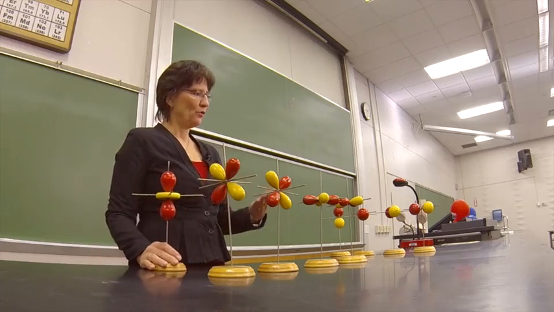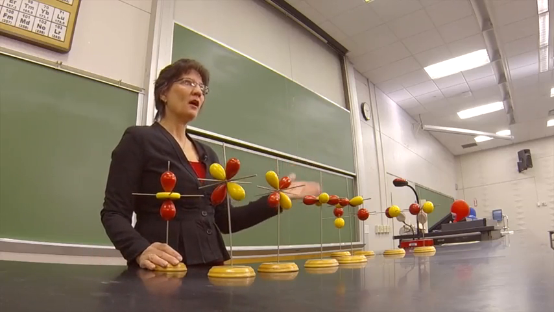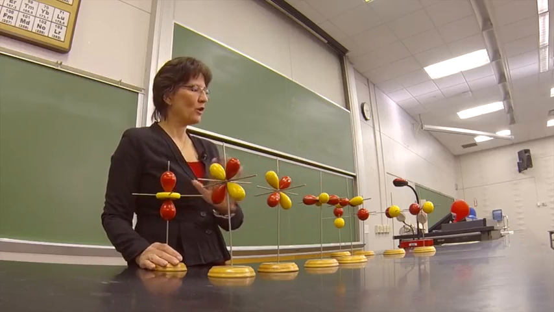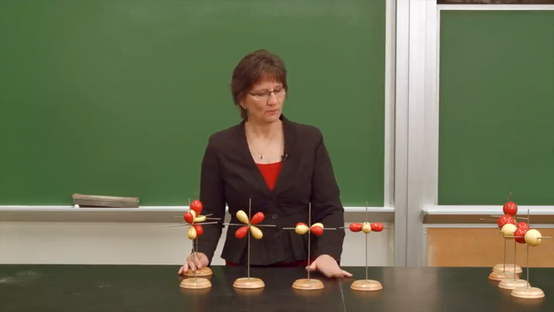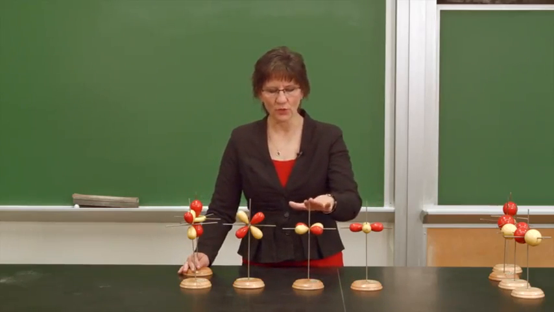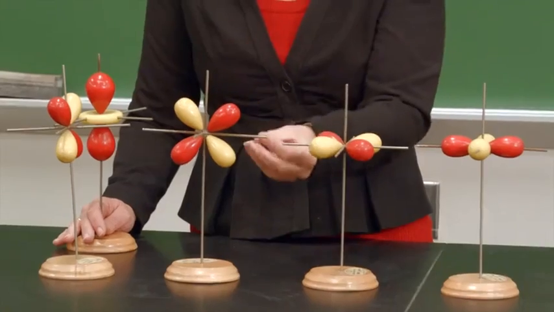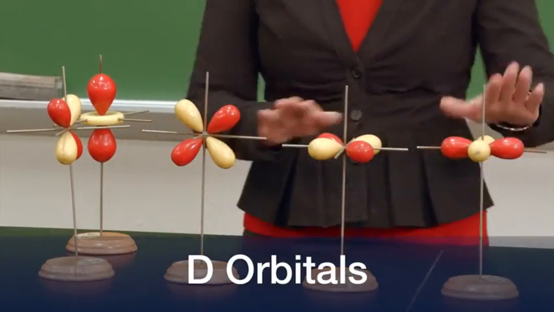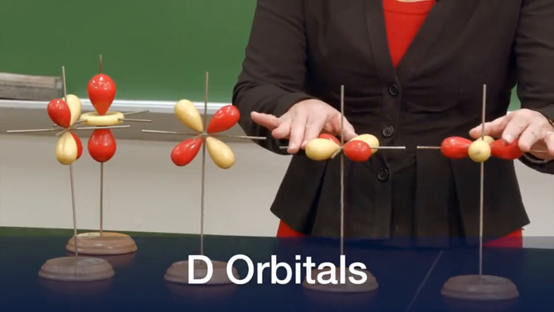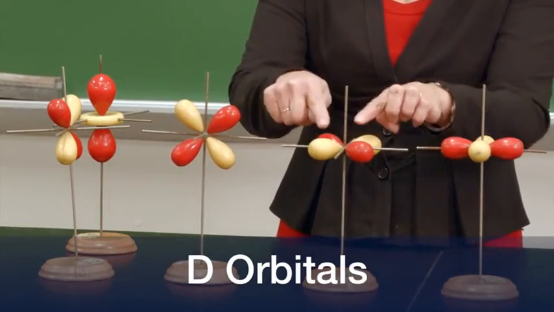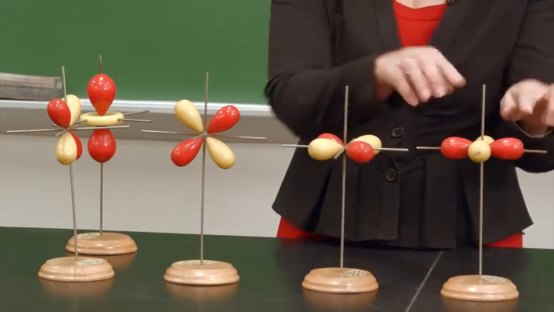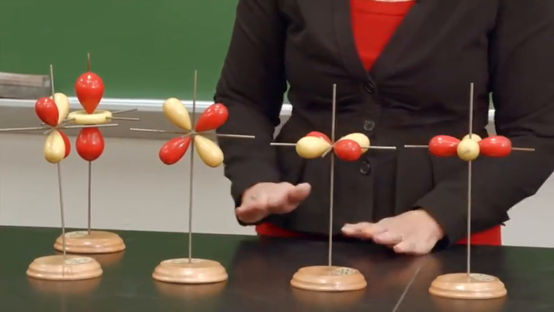So these are our 5 d orbitals. And we know that m sub l gives us 5 different values for the d subshell. And this is how they're oriented. So 4 of them look very similar. They have these 4 lobes that we see here. In the XY plane, these two are different in that these are between the axes and this is on the axes, so we see that being different here.